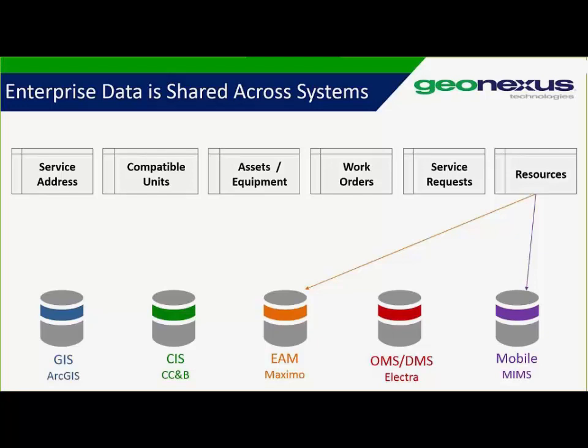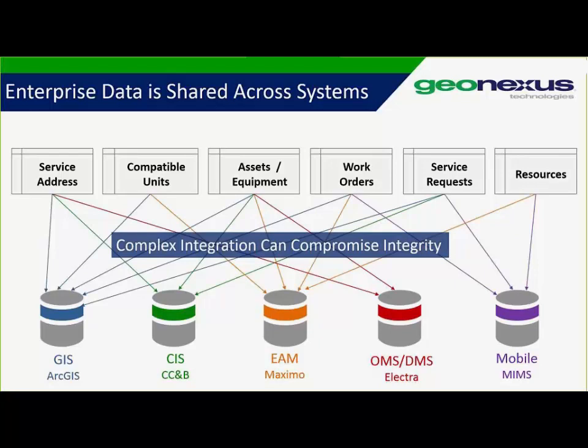So as you can see, enterprise data is really not owned by any one system, but rather shared across many different business systems. So essentially the data is an enterprise asset in itself. So what happens is these systems need to be integrated, and complex integration can often compromise data integrity, right?